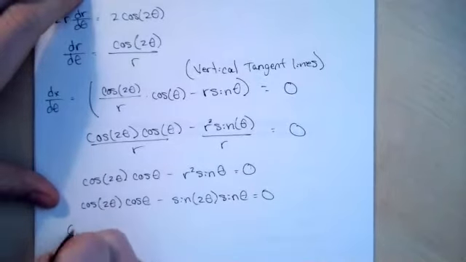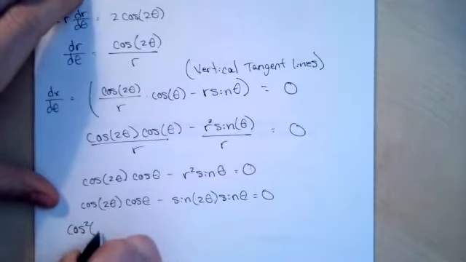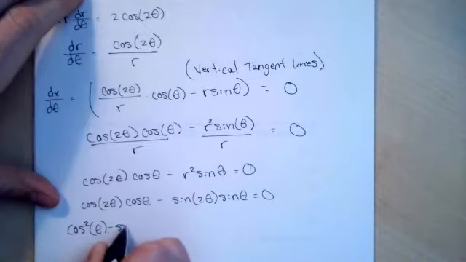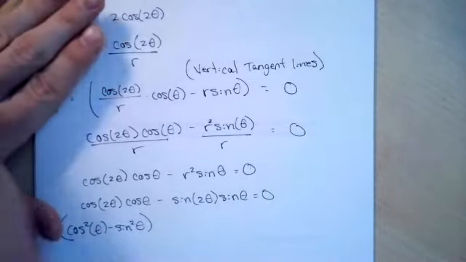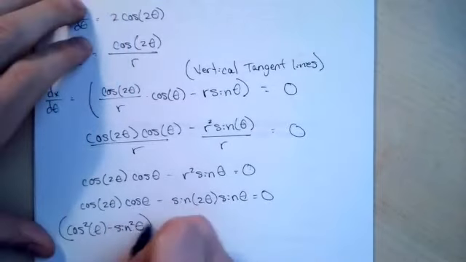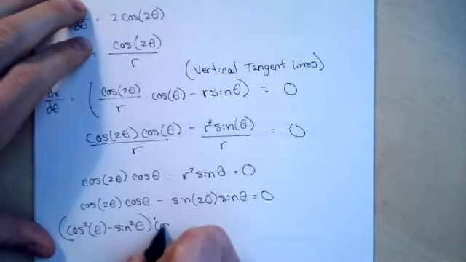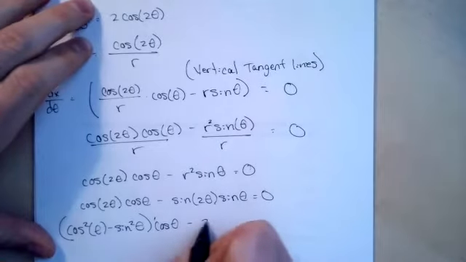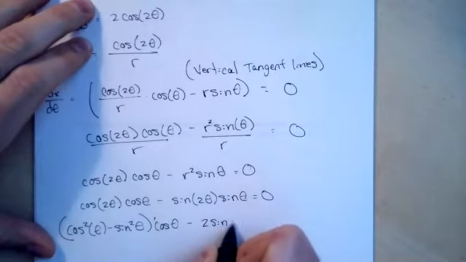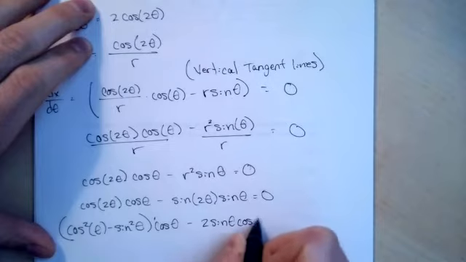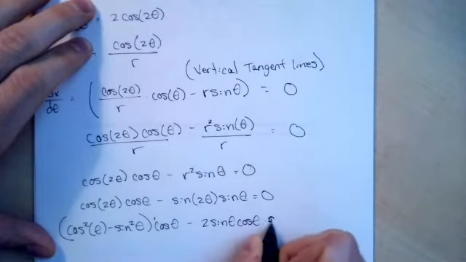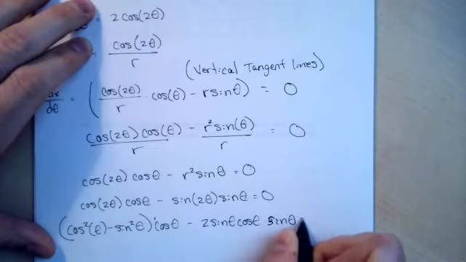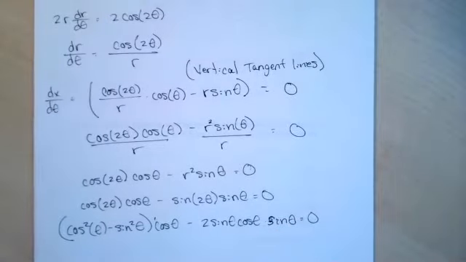Cosine of 2 theta is cosine squared theta minus sine squared theta. And then we've got that times a factor of cosine theta, minus sine of 2 theta, 2 sine theta cosine theta, times sine theta.